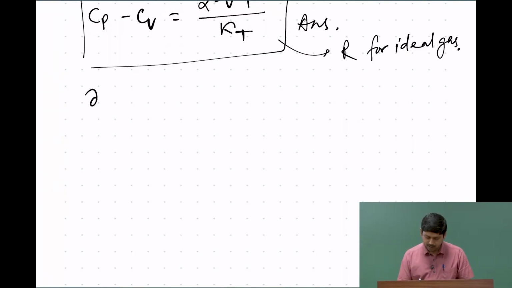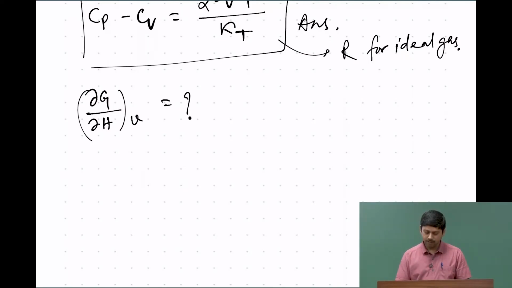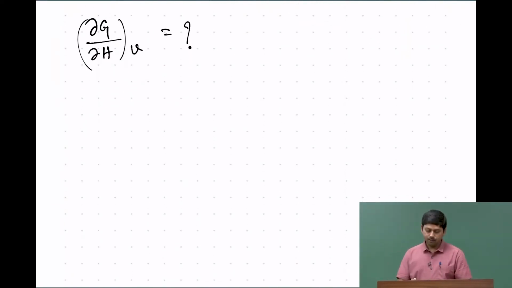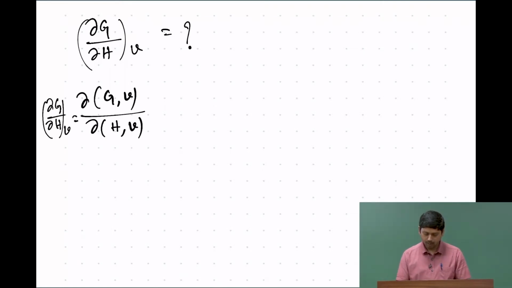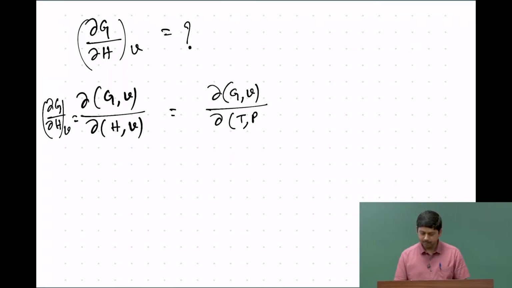So, delta G by delta H at a constant V is how much? First itself we can write delta G V by delta H V. Okay. And then we write delta G V by delta T P, delta T P by delta H V.